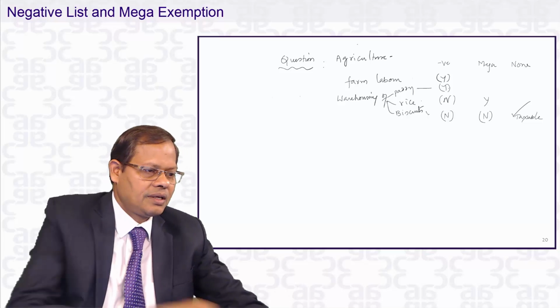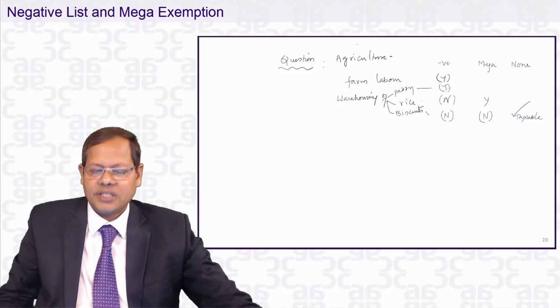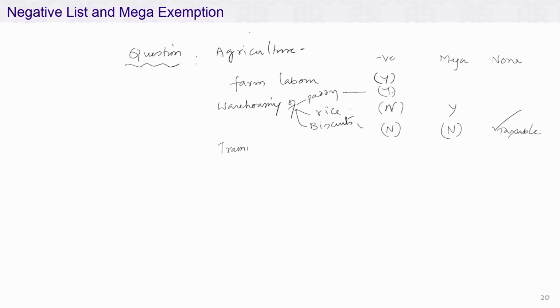So whether it is covered on seeds, pesticides, etc. Training of farm labor, say for dairy farm, and at the same time training of labor for poultry farm, and say pisciculture, fish ponds, etc. So as per the education guide, these are all covered.